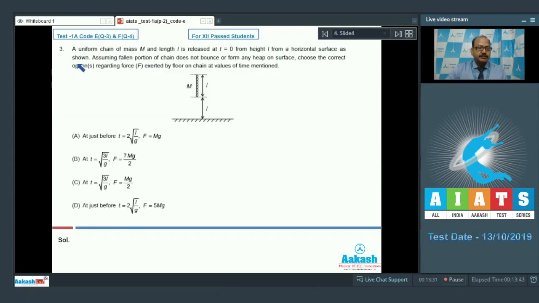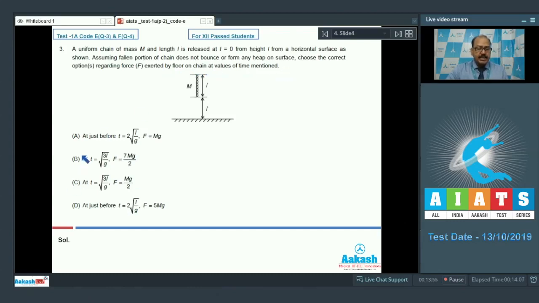Question 3 says, a uniform chain of mass m and length L is released at t equal to 0 from height L from a horizontal surface as shown. Assuming fallen portion of chain does not bounce or form any heap on surface, choose the correct options regarding force F exerted by floor on chain at values of time mentioned.